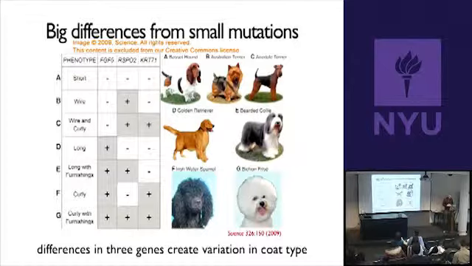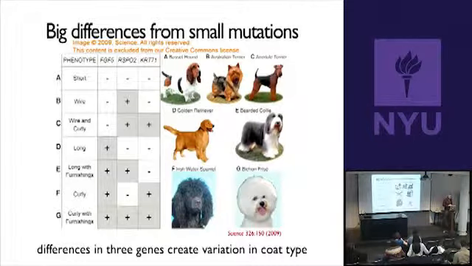FGF5 is the gene for fibroblast growth factor, so another growth factor. This growth factor is associated with long hair, growing hair. R-spondin 2 is also known from experimental studies to be involved in hair follicle development.